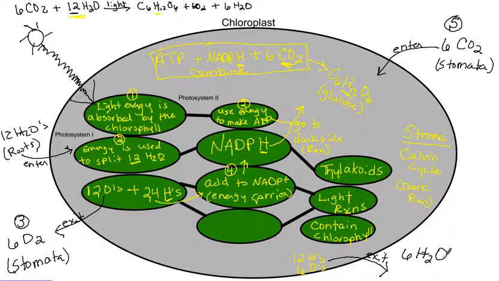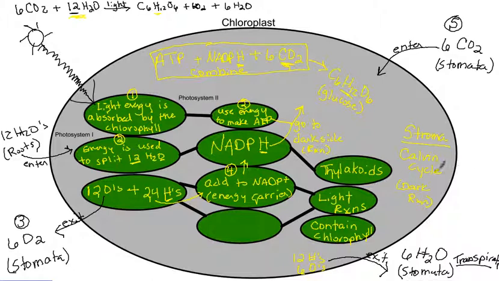So there's 6 waters, and these guys are going to leave the plant again through the stomata. But not in the form of liquid water. It's going to leave as water vapor through the process of, that's right, transpiration. That's just evaporating the water out of the plant.